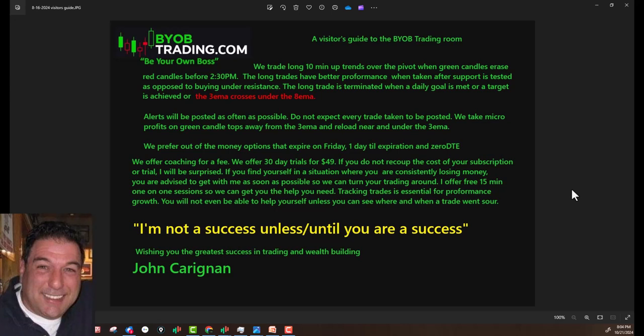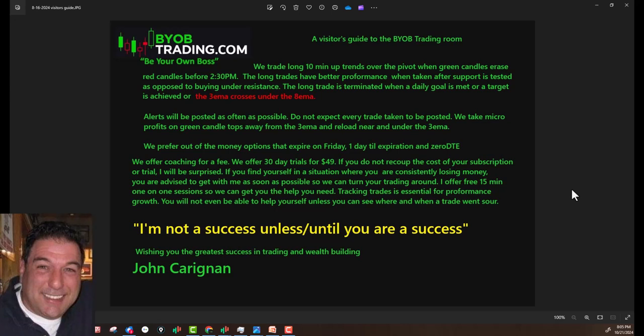So I like to take trades that are coming off of support. I find those work out better than the ones that originate from just underneath resistance. Not to say those don't break out, but usually it takes 2 or 3 times for them to actually break out. I post alerts as often as possible.